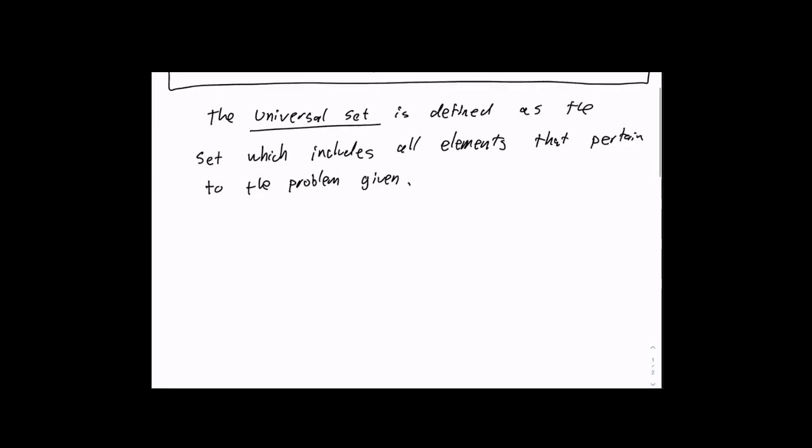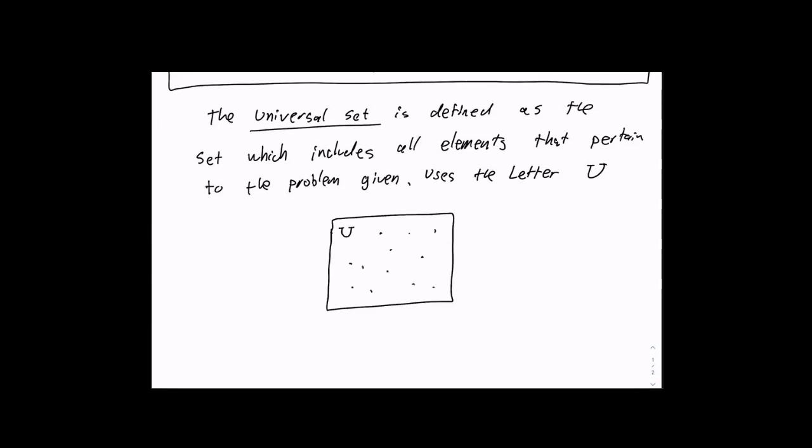It uses the capital letter U. So if I have this right here, we would define this as set U. And this is the space, all of my elements are in this set. So in the problem, I'm saying I'm only caring about these values.